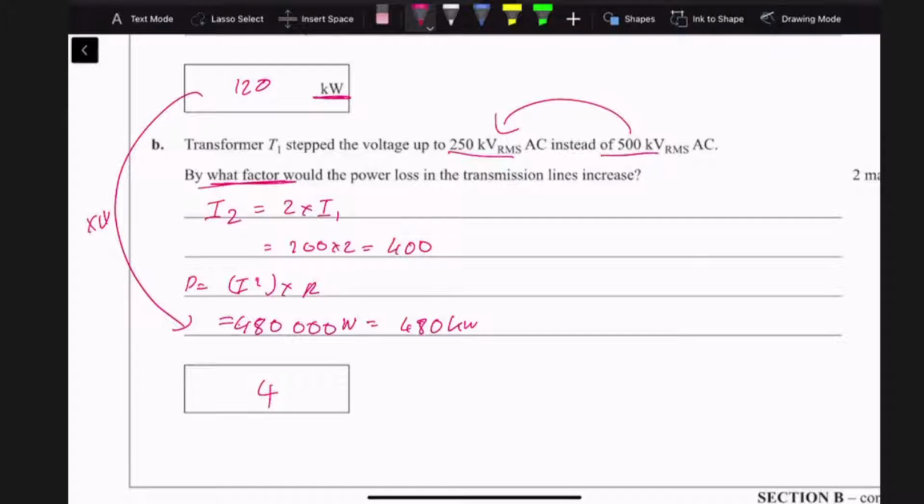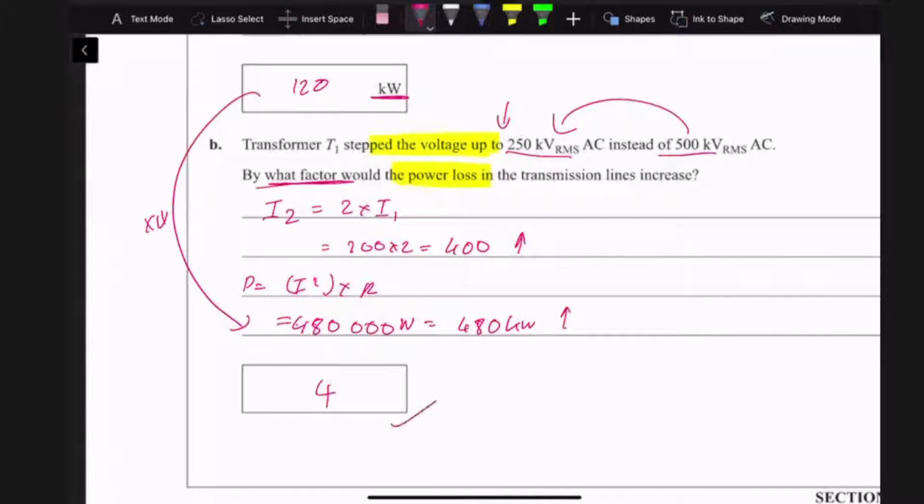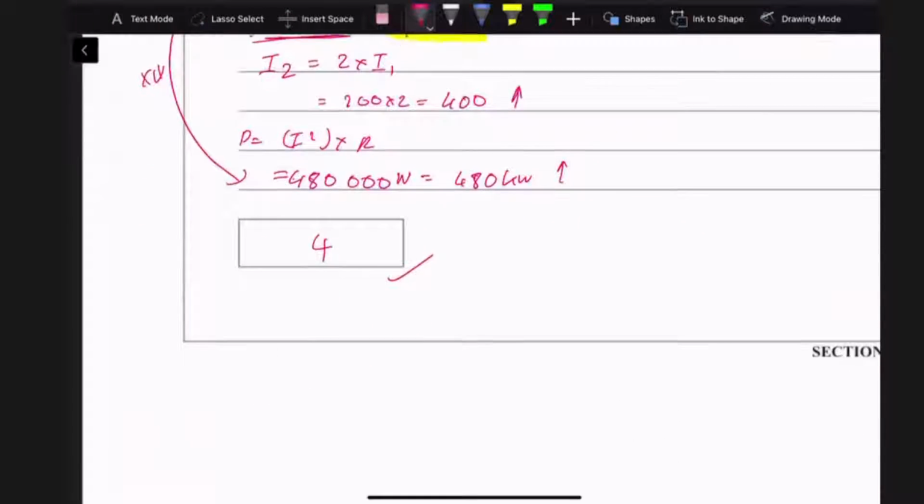And if you just think about it, it makes sense because we know that we want to increase voltage in power lines to decrease power loss, but in this case we've decreased voltage, and that's consequently increased current and increased power loss. So you can be sure that your answer is correct because you have a higher power loss than before.